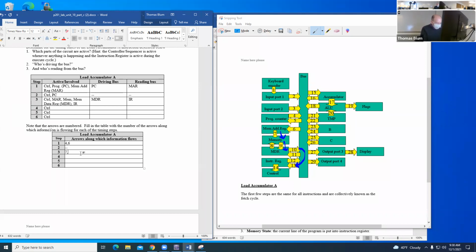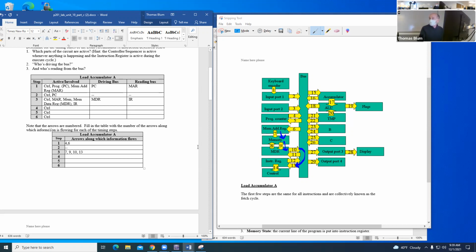There was a 7, a 9, a 10, a 13. 7 was telling us the address, 9 was the data passing through the data register, 10 was it moving onto the bus, and 13 was it moving into the instruction register. So those are my first 3 steps.